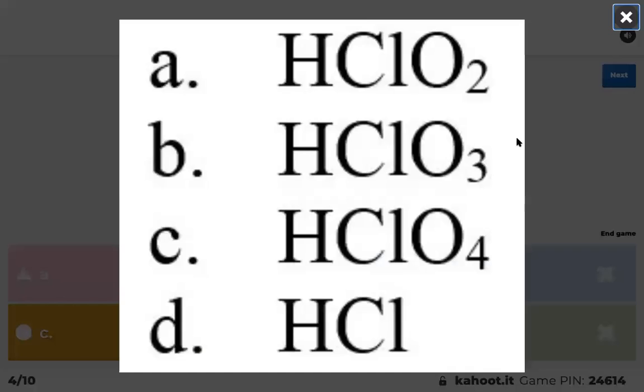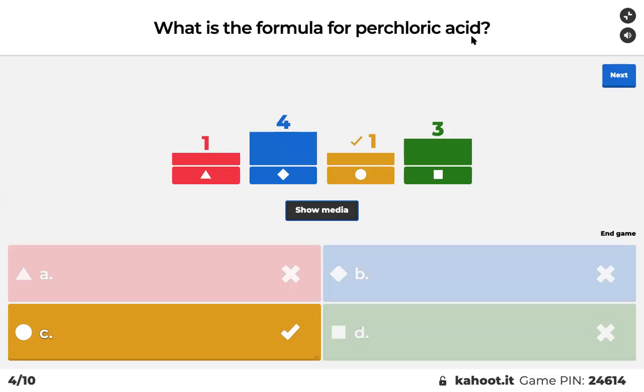All right, first off, looking at the name, the name says perchloric acid. Number one, we know it's an acid because it's got the word acid, so we know the formula is going to start with hydrogen, it's going to start with H. I need to look at how this name is written. The first thing I want to look for: does it have hydro at the beginning?